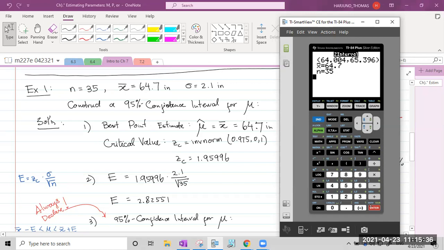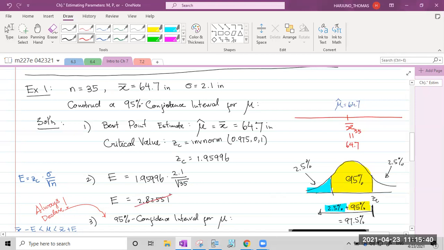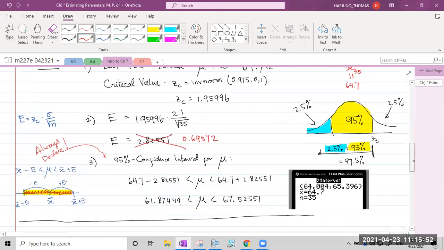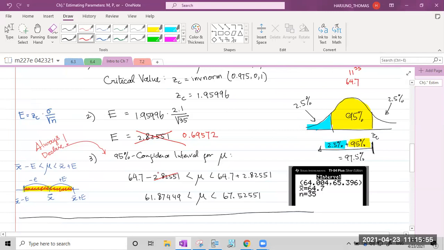Okay, I made a miscomputation here. It should be 0.69572. So I fix this here, it should be 0.69572.